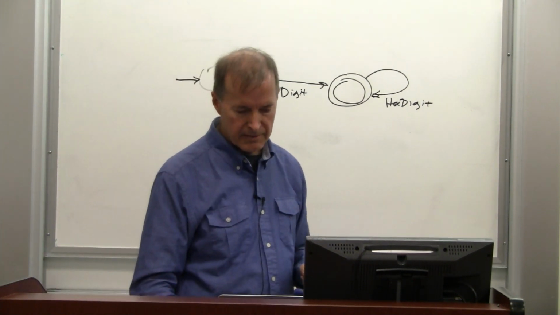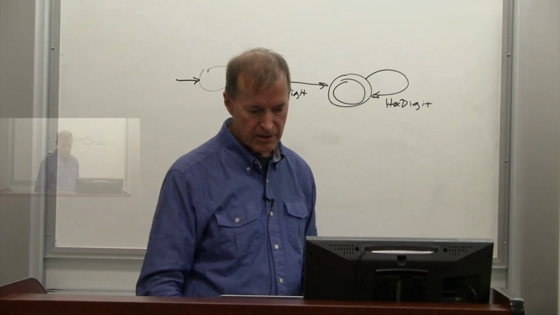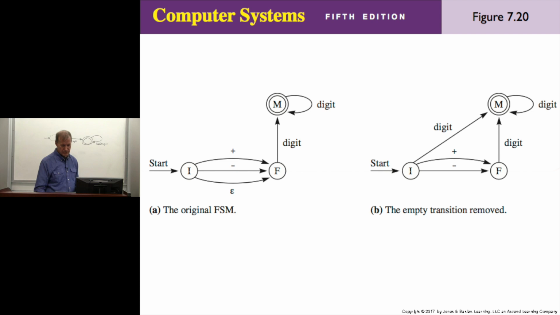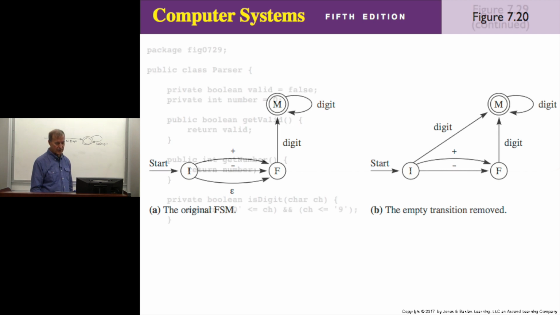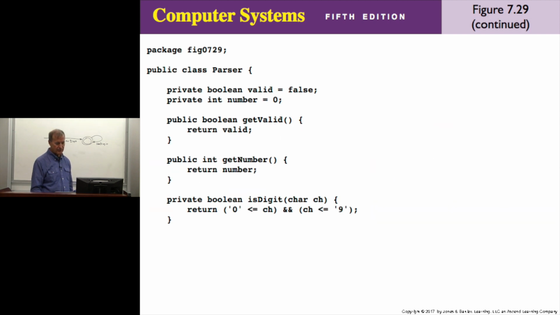In this direct code implementation, in figure 7.20b, we implemented this signed integer, right? And notice here that in this part of the figure, in the parser, we have private Boolean isDigit.